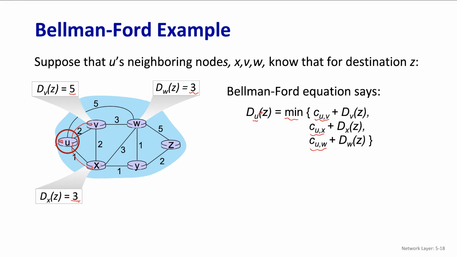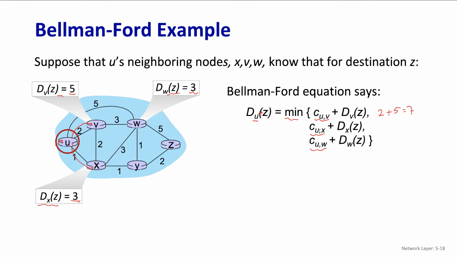From x to z, it's already calculated before, which is 3. The same thing from w to z. So it's pretty straightforward. Here from u to v is 2, plus from v to z, which is already here, is 5, so this should give you 7.